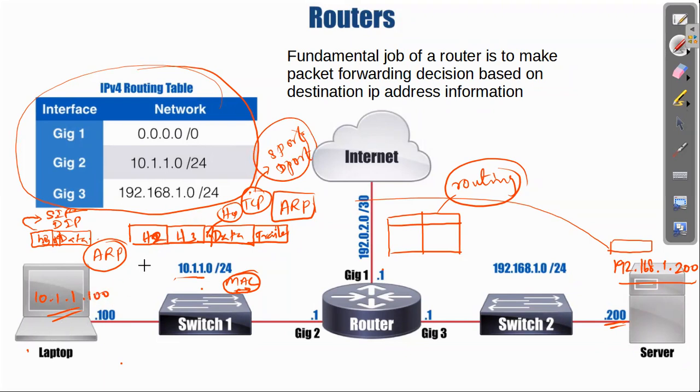Now the laptop needs the source MAC address and the destination MAC address details. Source MAC address is well known. Why? Because it is its own MAC address, the laptop's MAC address, which is locally available.